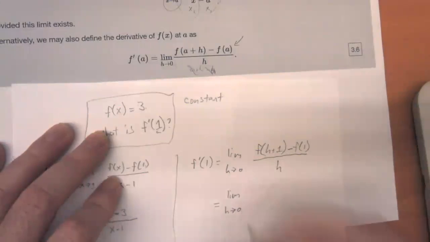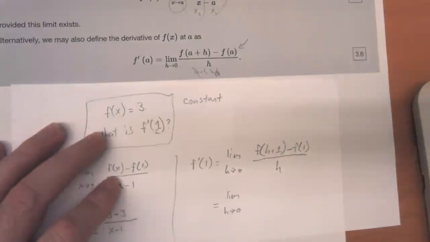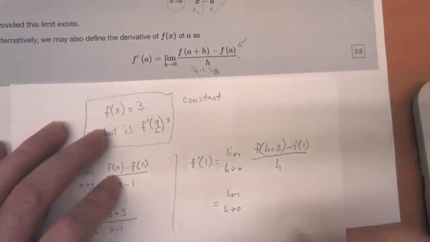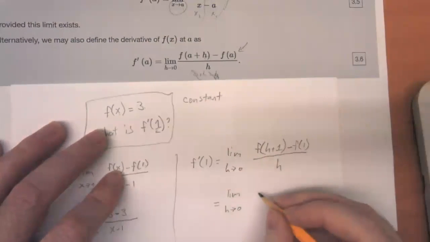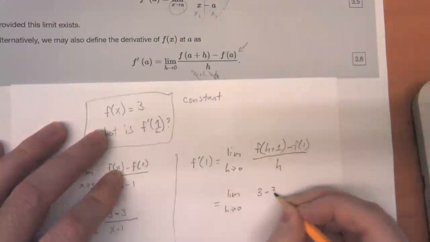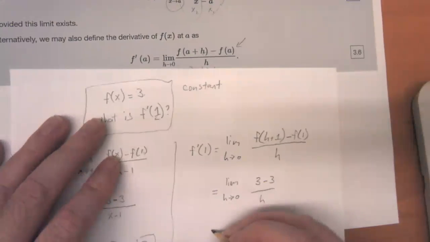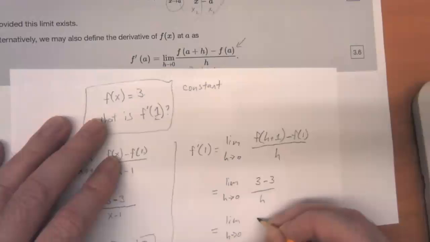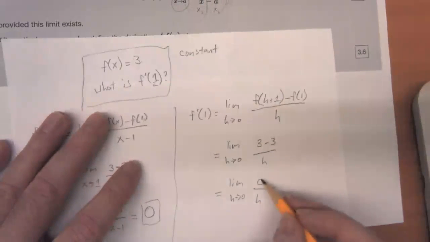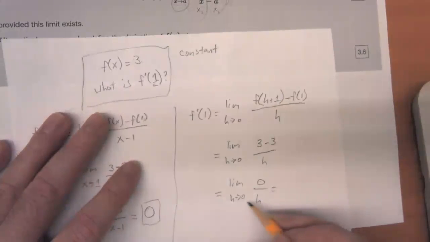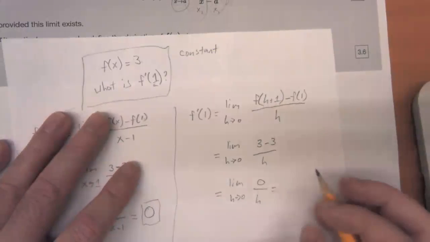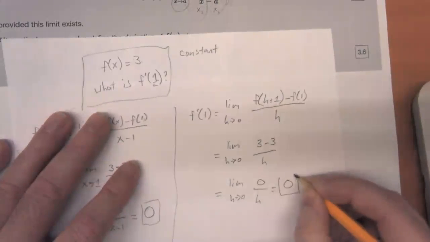But this is a constant function, so the output is going to be 3 no matter what the input is. So once again, the numerator is going to be 3 minus 3, over h, limit as h approaches 0. Once again, this is 0 over h. And once again, we are dividing 0 by a number that approaches but never reaches 0. So 0 divided by any number that's not 0 is equal to 0.